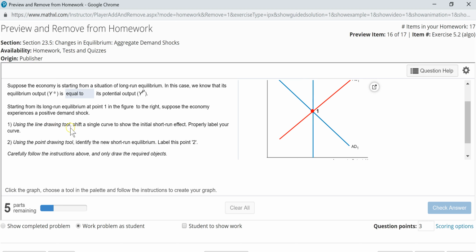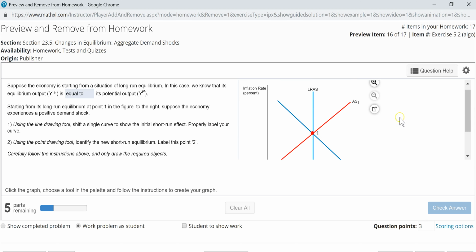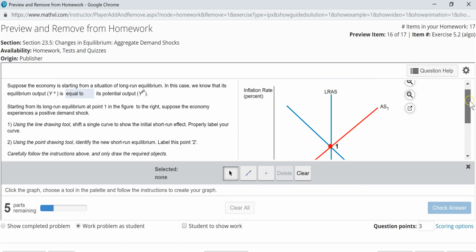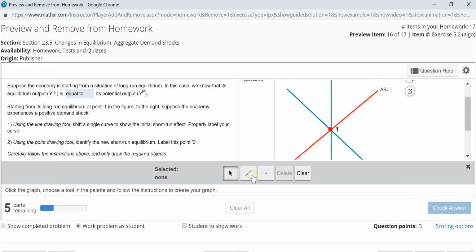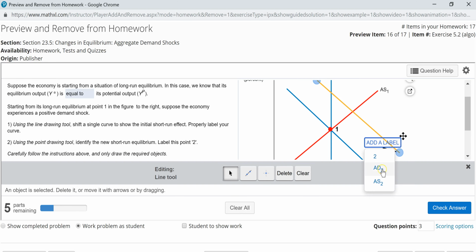Using the line drawing tool, shift a single curve to show the initial short-run effect. Properly label your curve. So this is the line drawing tool. As we said, this will shift the AD curve. So the new AD curve will be here. So this is the AD2.